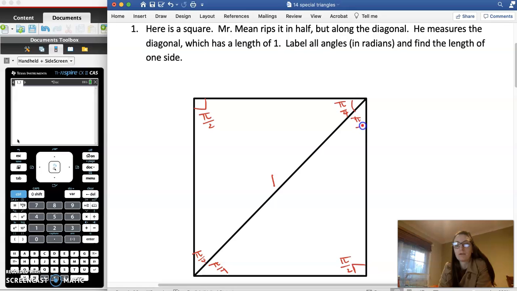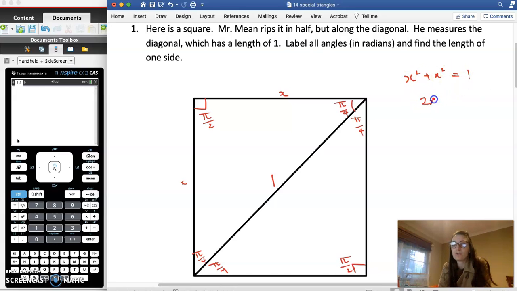Now let's just call this side length x for now. We don't know what it is. We can use Pythagoras, or we can use sine, cos and tan, but let's use Pythagoras to solve for x. So this is a Pythagoras right angle triangle. x squared plus x squared equals 1 squared.